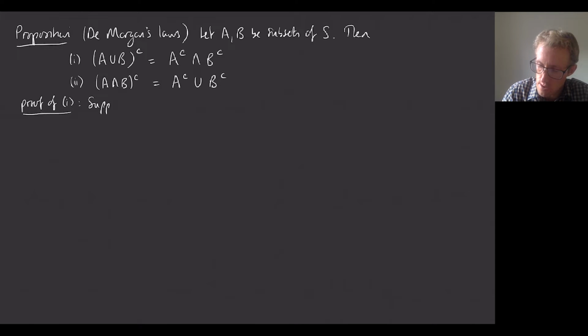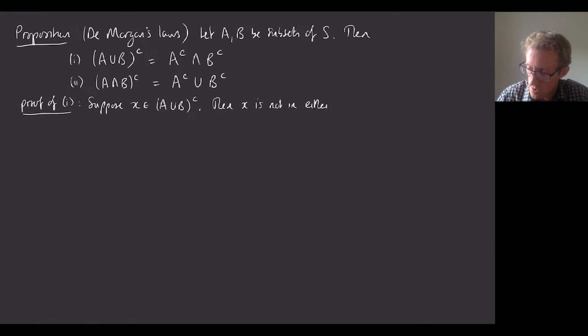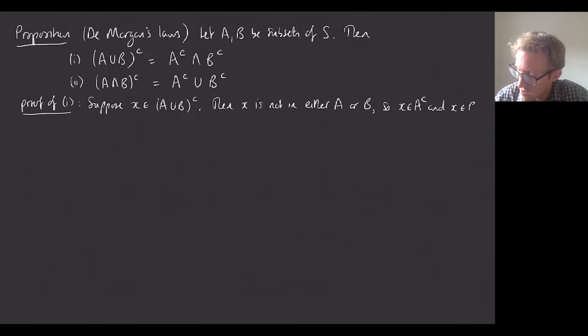So first, let's suppose that x is in the left-hand side, so it's in the complement of A union B. That means that x is not in A union B, so it means that x is in neither A nor B. So I'll write that as then x is not in either A or B. But that means that x is in the complement of A and it's in the complement of B. So x not being in A is equivalent to saying x is in the complement of A, and x not being in B is equivalent to saying x is in the complement of B. And therefore it's in the intersection of the complement of A and the complement of B, because it's in both of them.